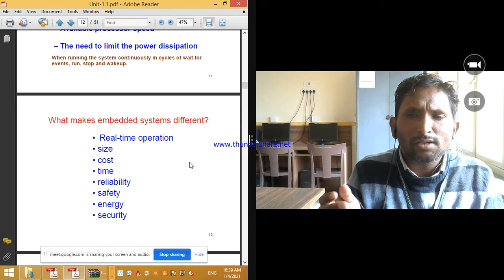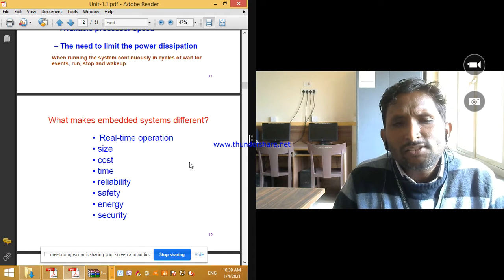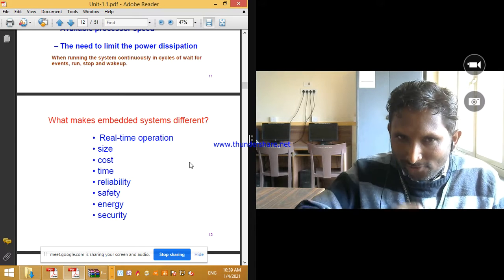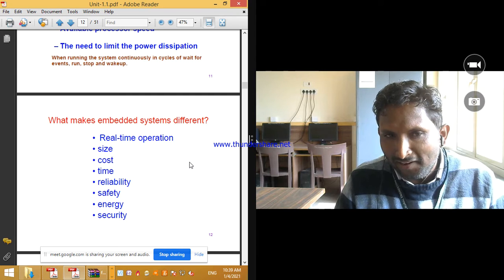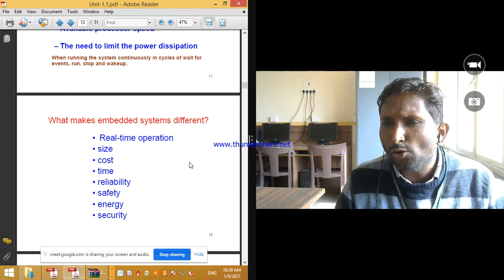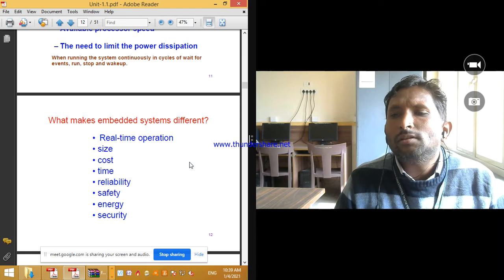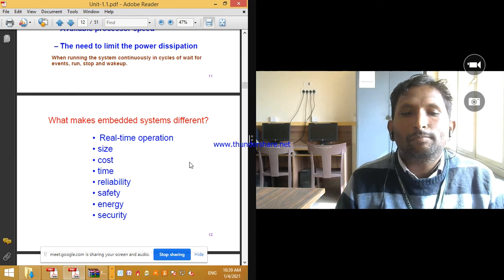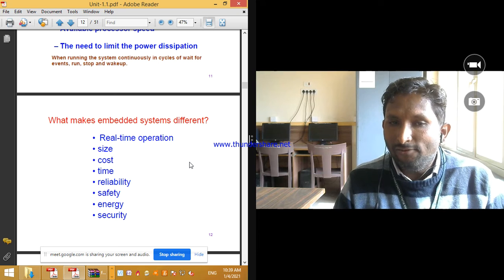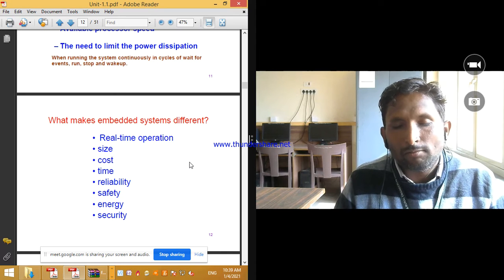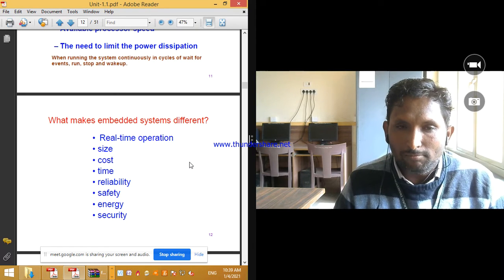We want very small systems to operate different activities. If the size gets reduced, automatically there is an impact on the cost, and the cost also gets reduced. Then the time factor, the time required to execute things and show the results, and to take feedback from the system.